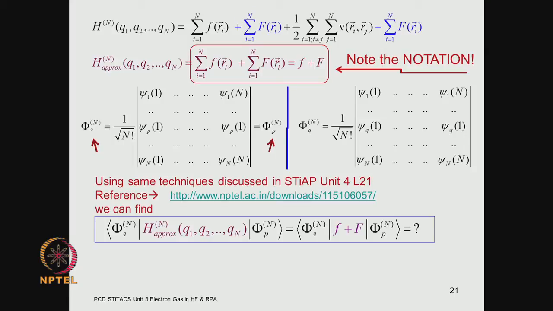Now, using techniques which we have discussed quite extensively in the previous course, which again I will not discuss at all, I will refer to the discussion in the 21st lecture of unit 4 in this course. Using these techniques, you can then show that this approximate n electron Hamiltonian, which is the sum of the first two terms, you now have the first term, the second term, the third term and the fourth term.